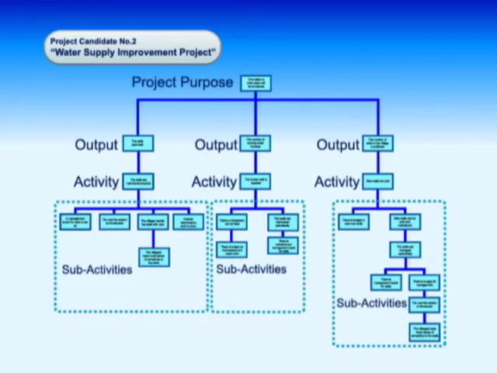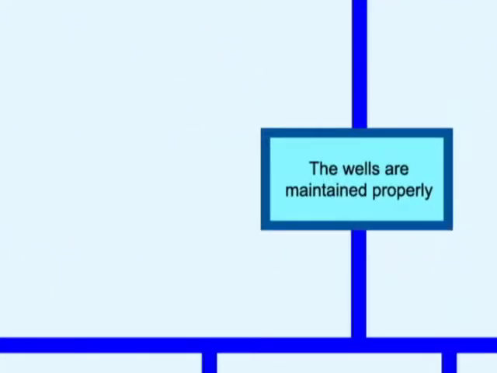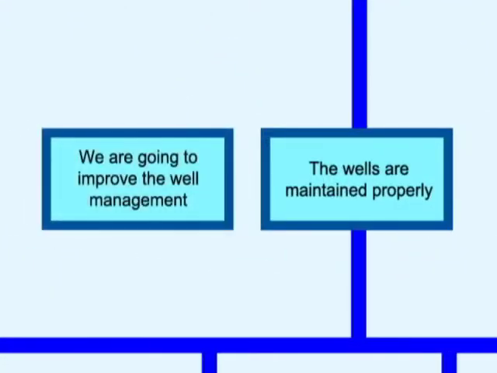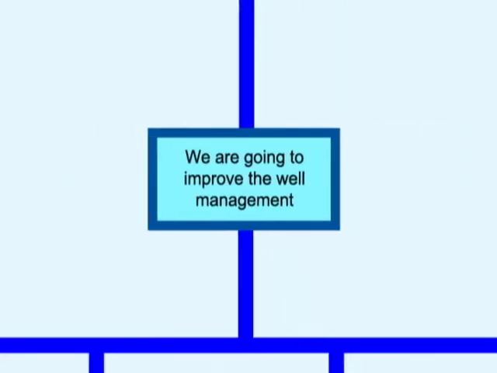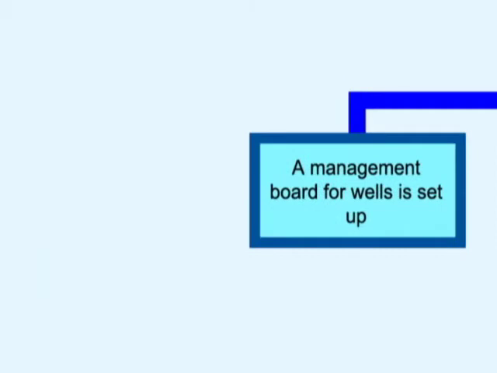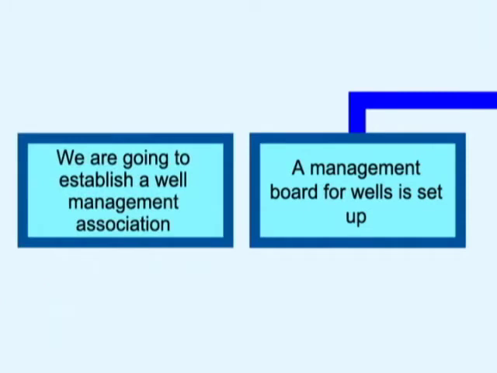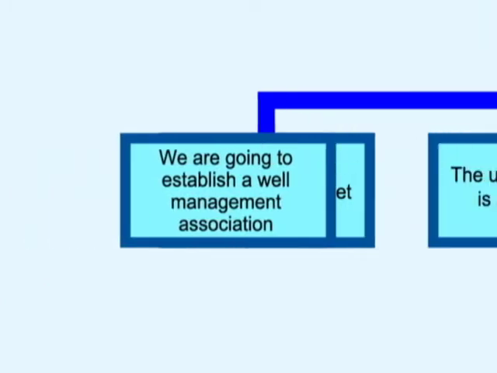In this example, let us rewrite a card for an activity. "The wells are maintained properly" becomes "We are going to improve the well management." And a card for sub-activity, "A management board for wells is set up," becomes "We are going to establish a well management association."